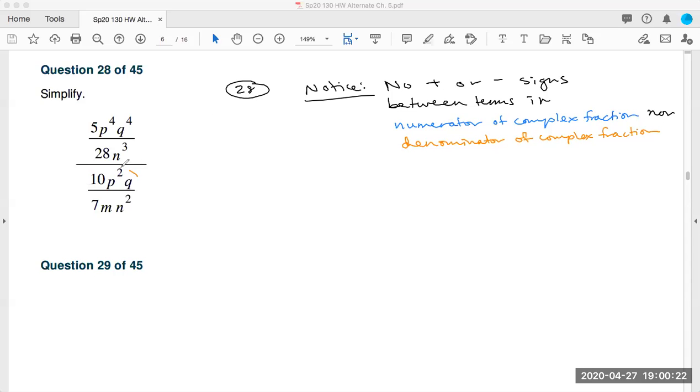Okay, so here's the denominator of the complex fraction, and here is the numerator of the complex fraction.